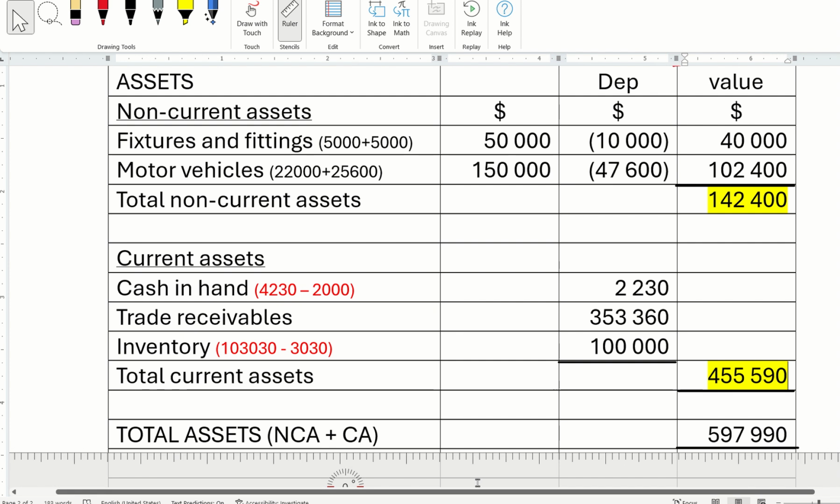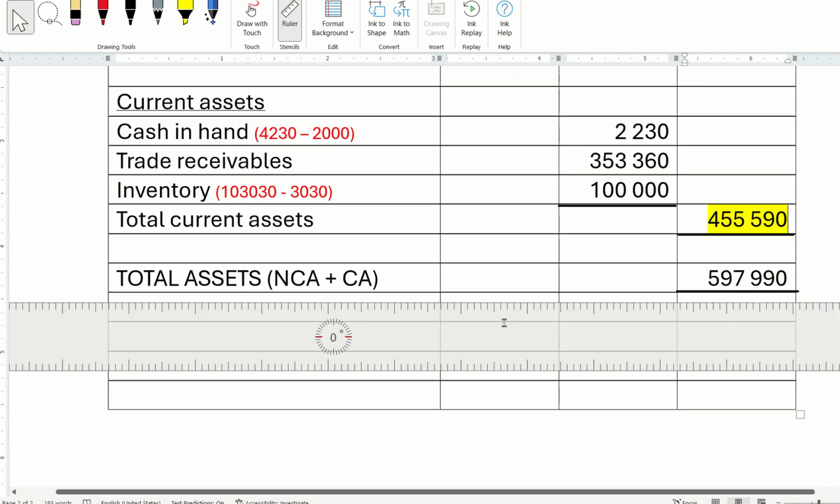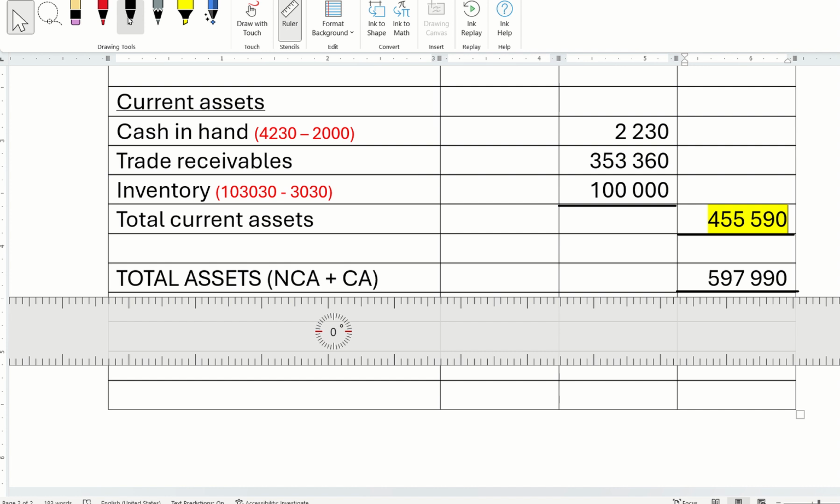And because it's the final answer, I will be drawing a double line underneath that.